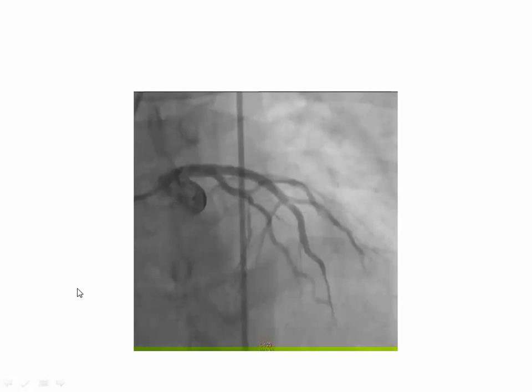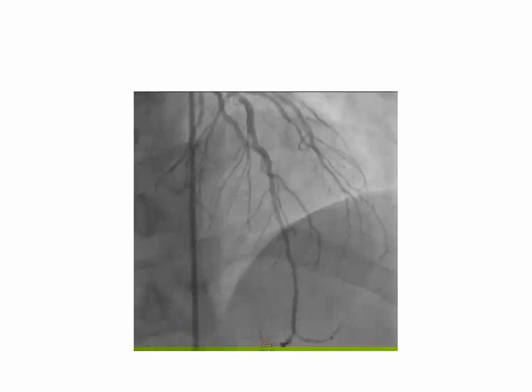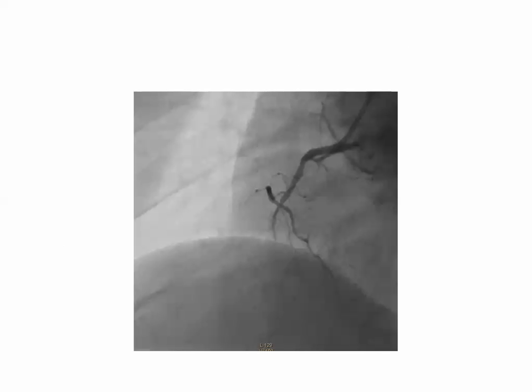Okay, next. And please specify cranial or caudal. The previous was not cranial or caudal, okay? Next.